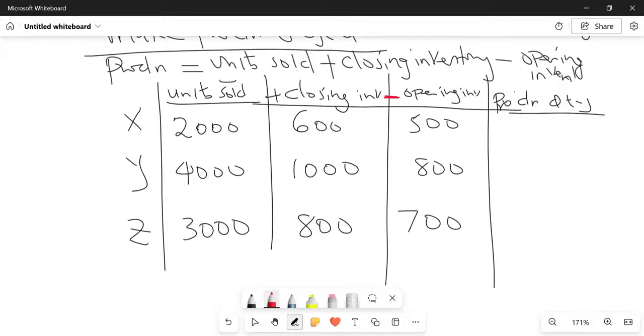Ladies and gentlemen, in your wisdom, I'm sure you can combine these numbers and give me the production quantity. For X, it will be 2,000 plus 600 minus 500. Can somebody give me the figure to write there for the production quantity?